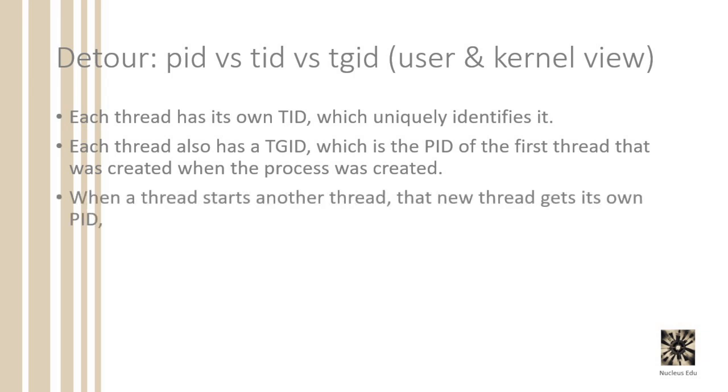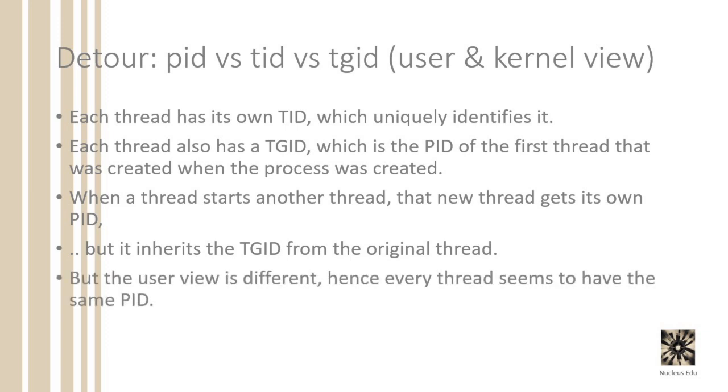So when a new process is created, it appears as a thread where both the PID and TGID are the same. When a thread starts another thread, that new thread gets its own PID, so the scheduler can schedule it independently, but it inherits the TGID from the original thread. That way the kernel can happily schedule threads independent of what process they belong to, while the process's thread group ID is what is reported to you. That is why there is a different view by the user and a different view by the kernel.